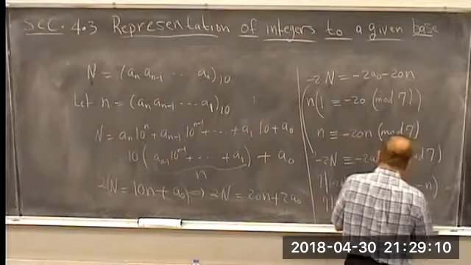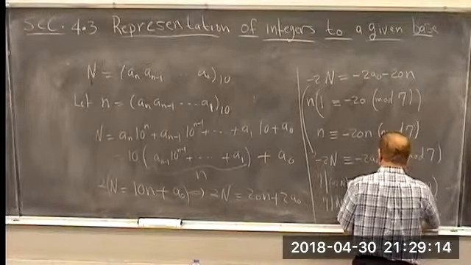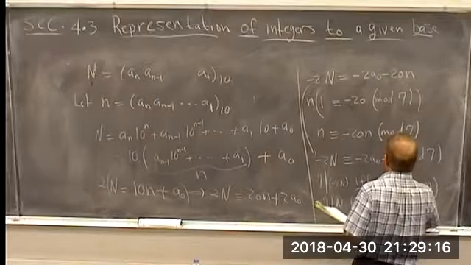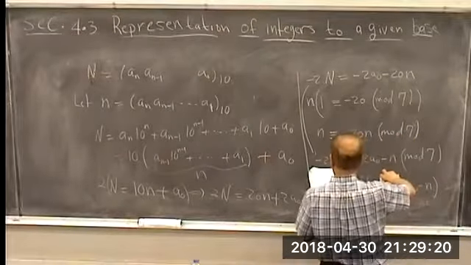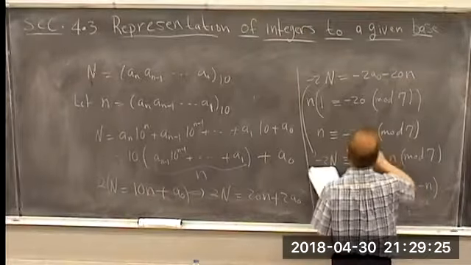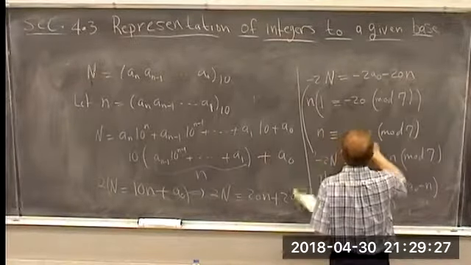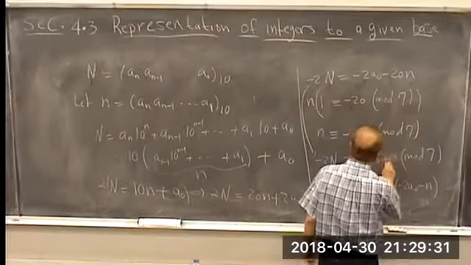actually minus. Let me see in here. We need a plus in here. Yeah, I'm replacing the negative 20n by plus n.